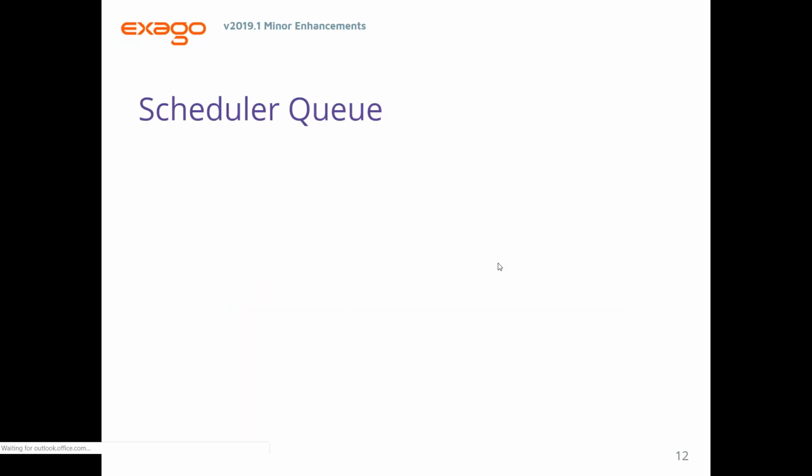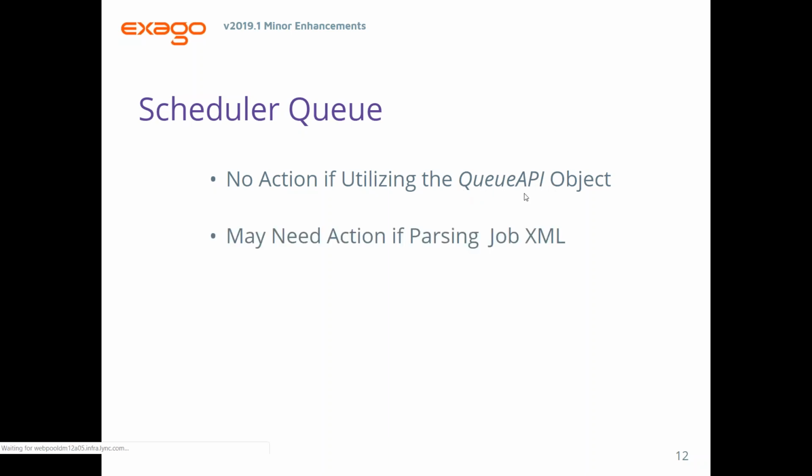So the last piece here is the scheduler queue. If you're using the scheduler queue, no action is required if you're utilizing what we call the queue API objects. But because it is an extensibility feature, because you're writing custom code, you could be parsing the job XML. When you create a schedule, it has a series of settings it keeps. We call those jobs.